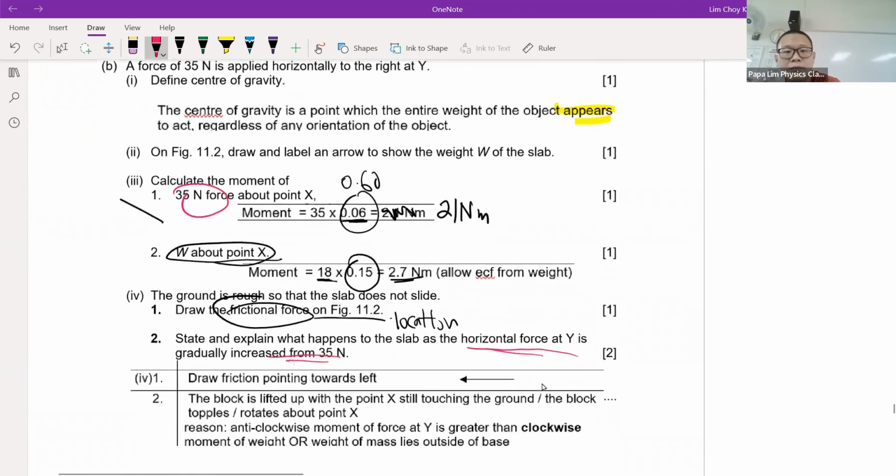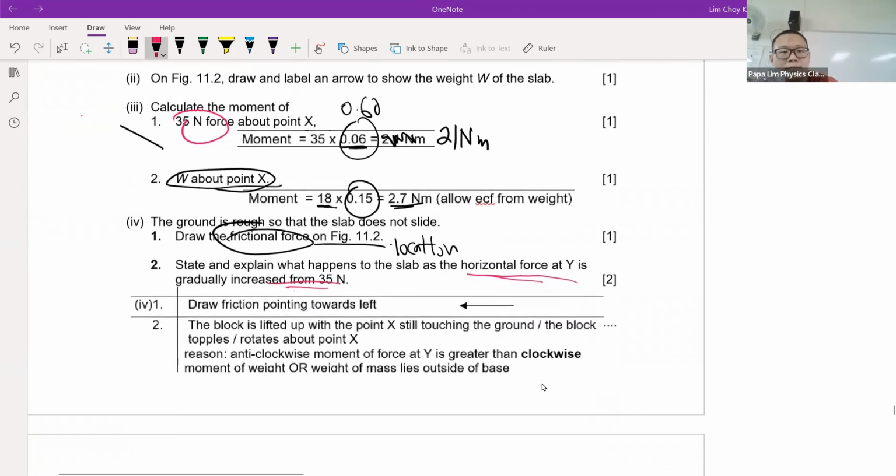This means that in terms of moments, you'll find that the anti-clockwise moment is actually increasing, and it's much bigger. Because 35 Newton is the only one that's increasing, the weight remains constant and the friction remains constant. So the clockwise moment by the weight remains constant.